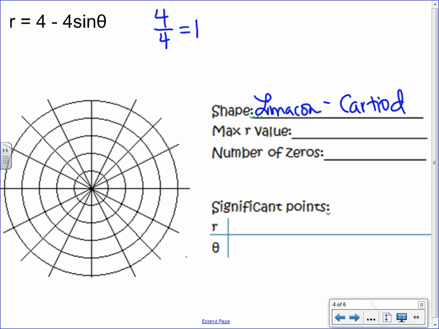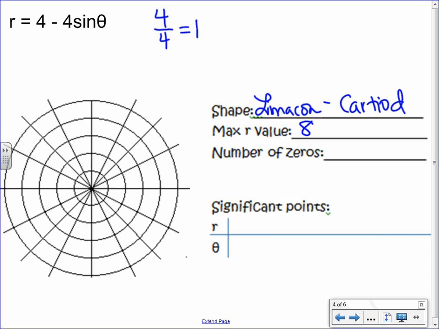Our max R value. Okay, so what does the negative tell us? Since this is sine, it's going to be a majority up or down from the pole.